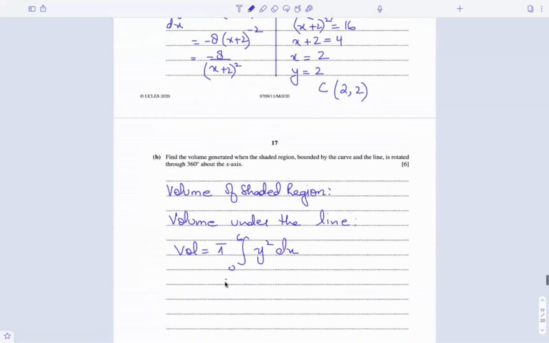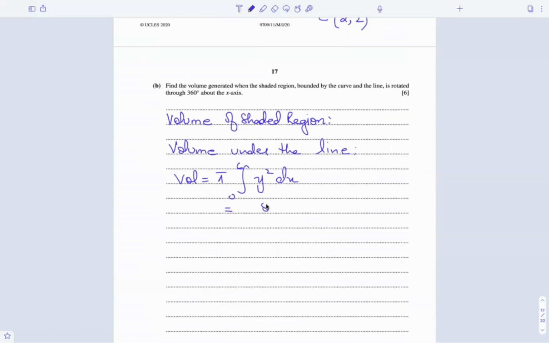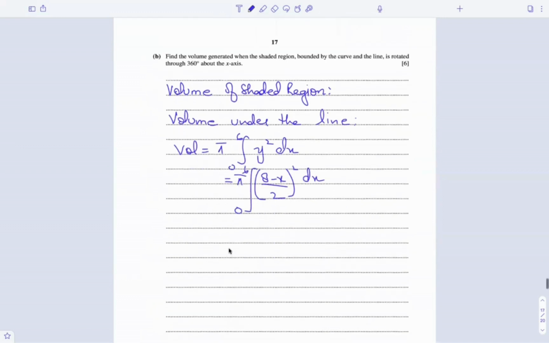The equation of the line is 8 minus x upon 2. So we write the integral of 8 minus x upon 2 whole squared dx, with limits 6 and 0. So we have 8 minus x whole squared upon 4.